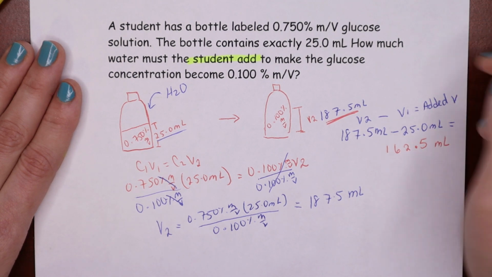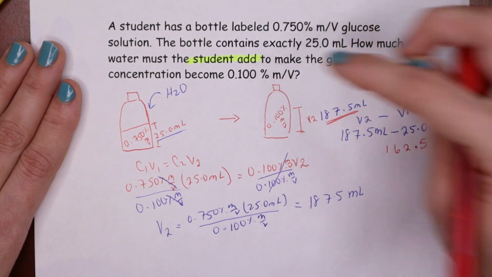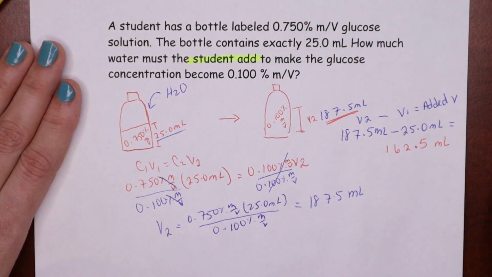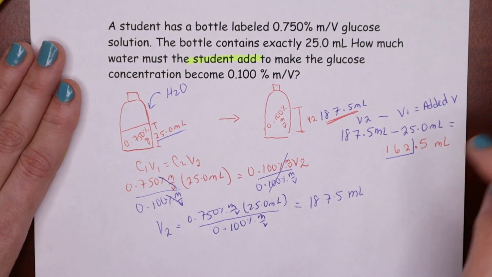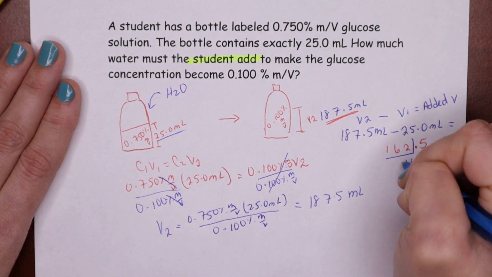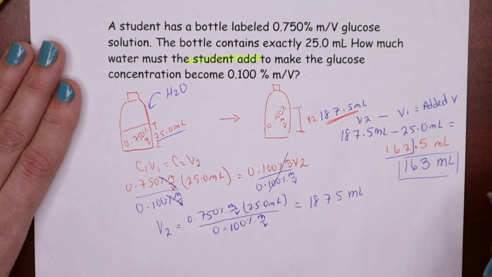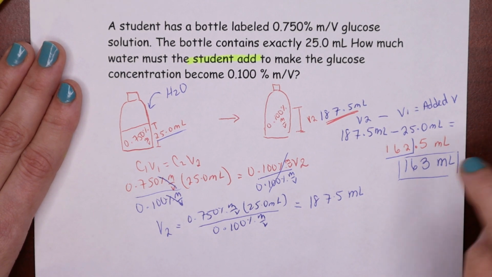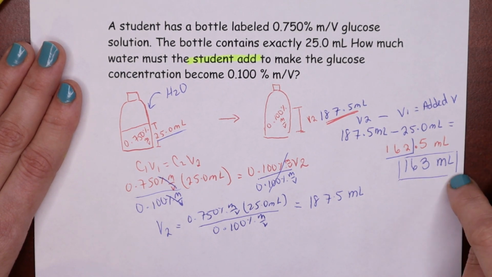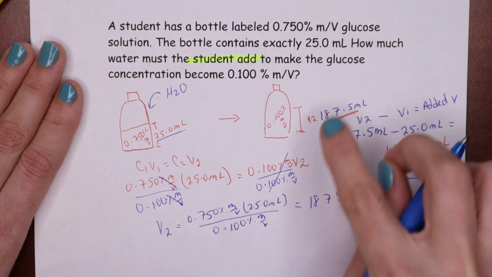Now let's check the significant figures. We have 3, we have 3, we have 3, so our final answer should also have 3. So we have to stop right here. Do we have to round? Yes, we do. So our final answer is 163 milliliters added. So the student added 163 milliliters to the initial bottle to come out with the desired concentration.